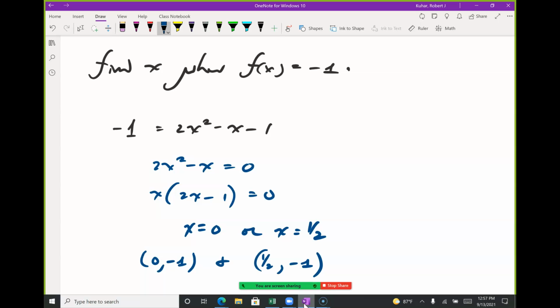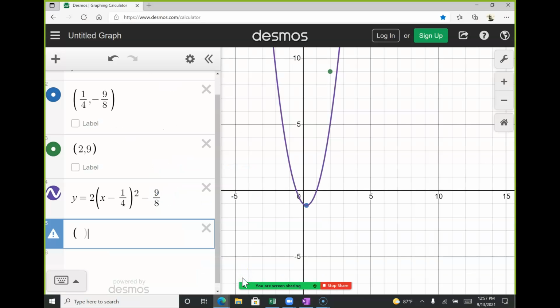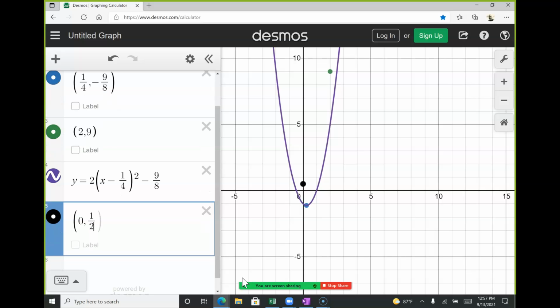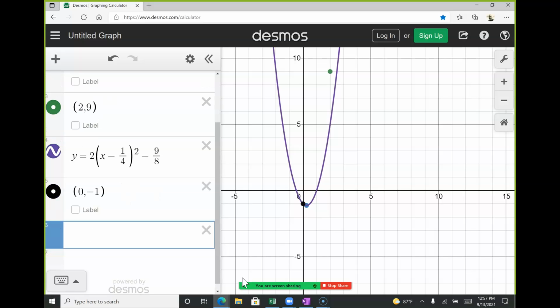X is 0, y is 1/2. No, I didn't have that right. I got them switched, didn't I? Oh, the y value is -1. Sorry. There it is, 0, -1, and 1/2, -1.